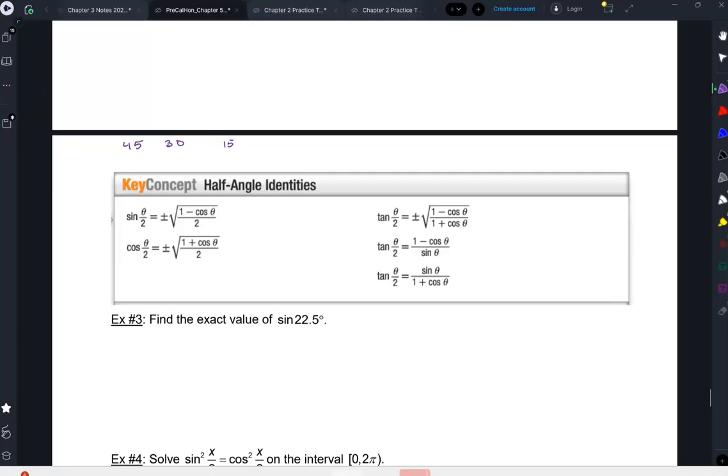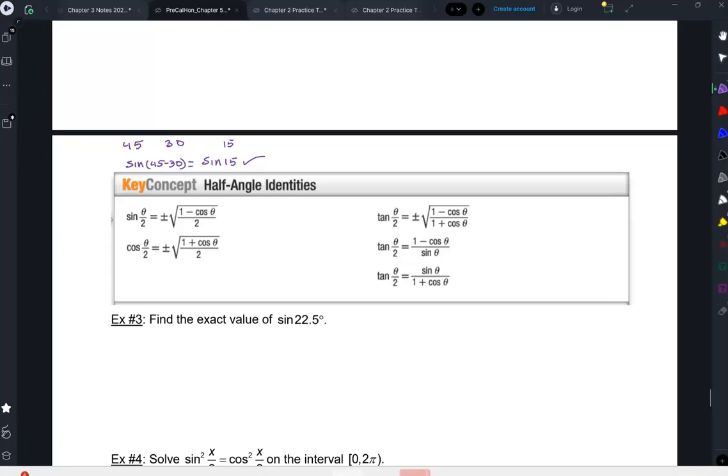But then we learned the sum and difference identities, and we realized that if I do sine of 45 minus 30, now I know how to do sine of 15. Well, there are other options as well.